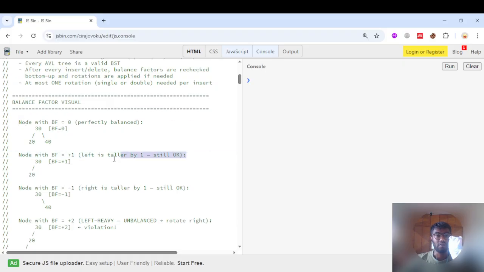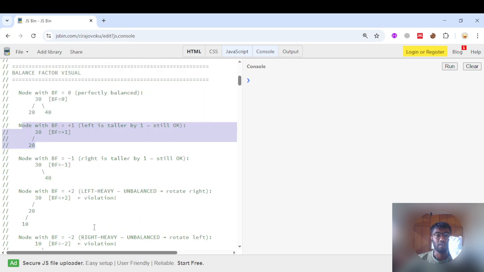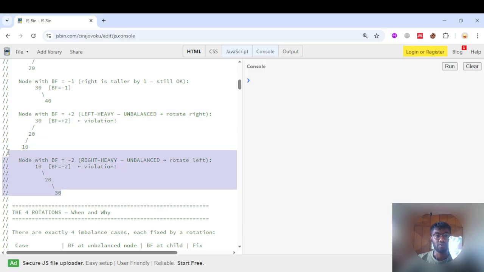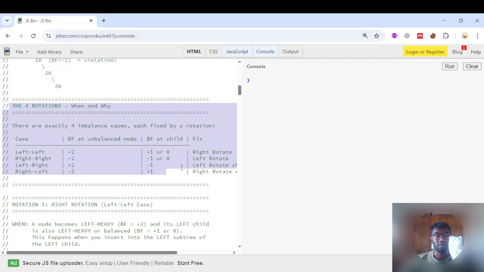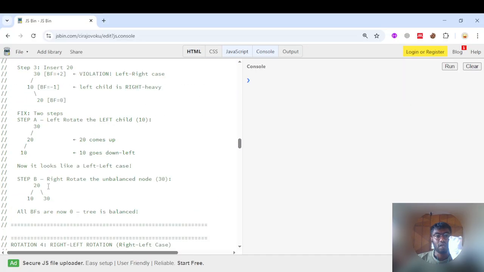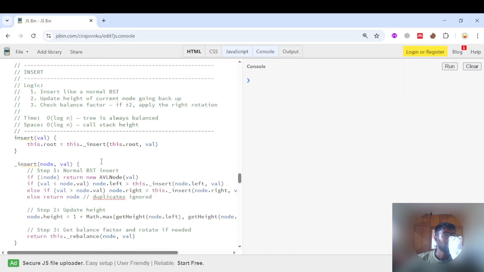Like here the left side is greater, which definitely makes it an AVL tree, and this has a left dominance, so left rotation is required, right rotation is required, and it also describes the different types of rotations here, right? So you can definitely find such information.